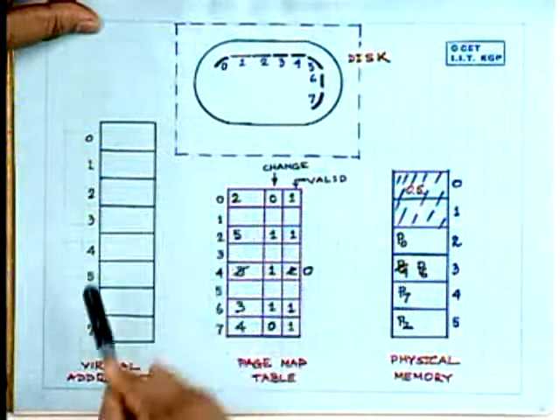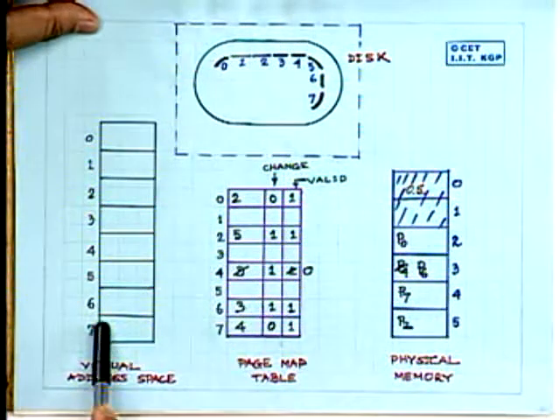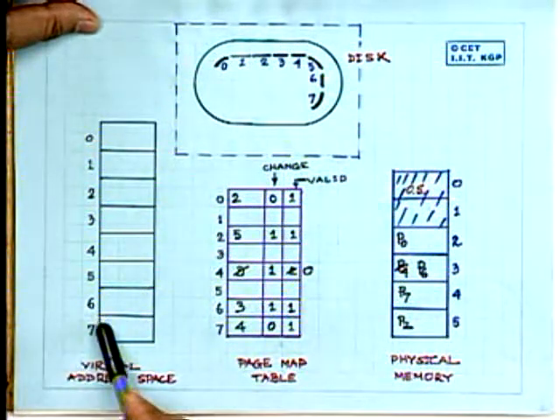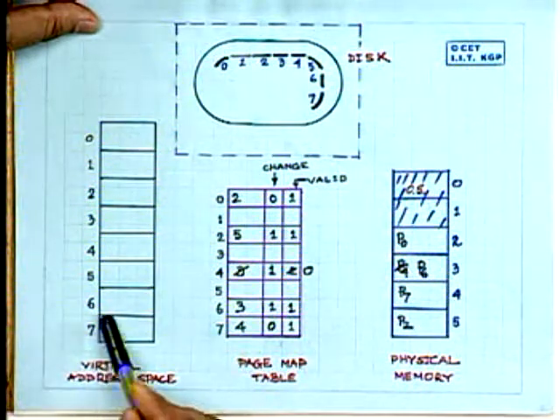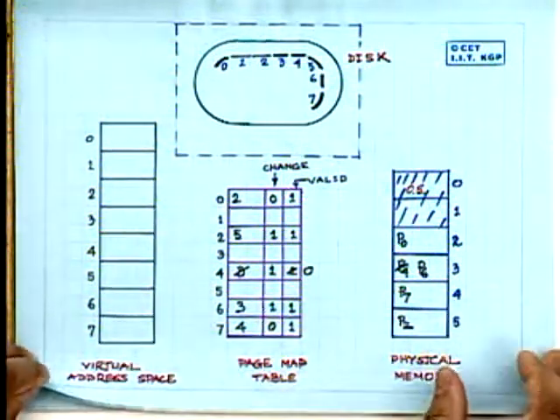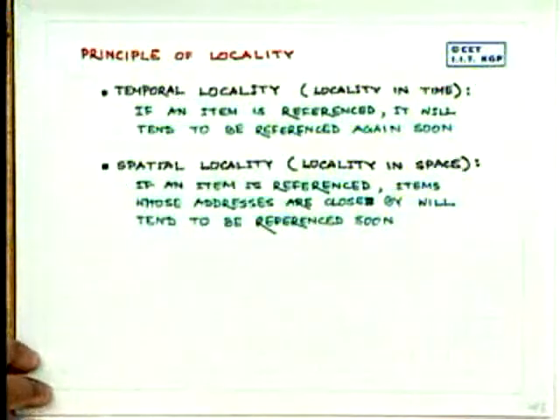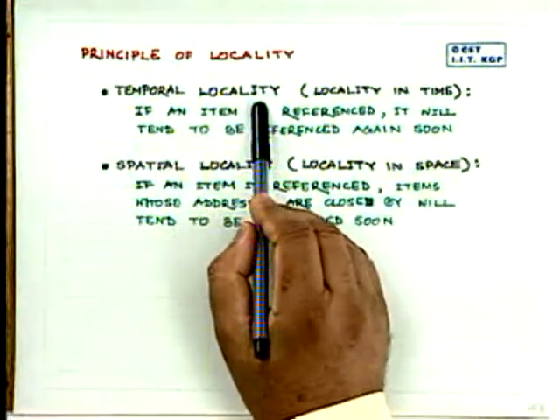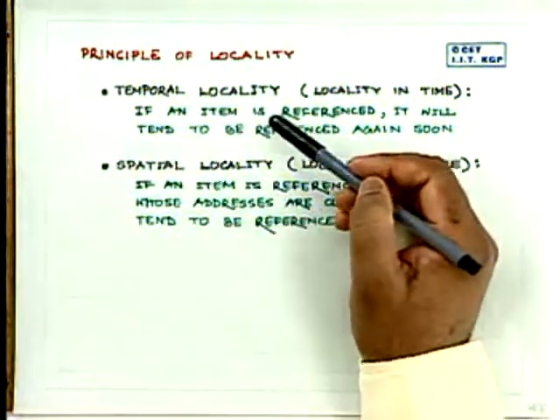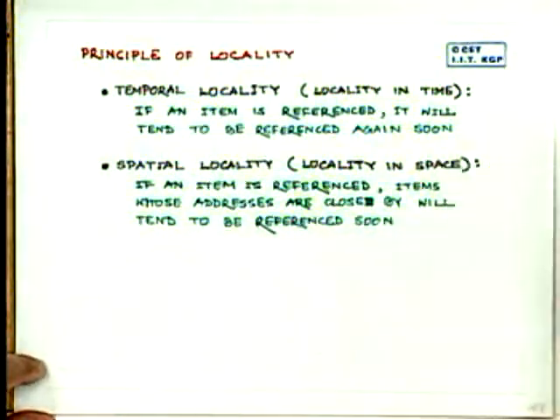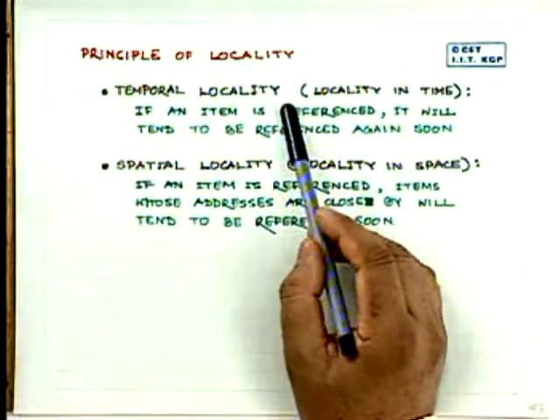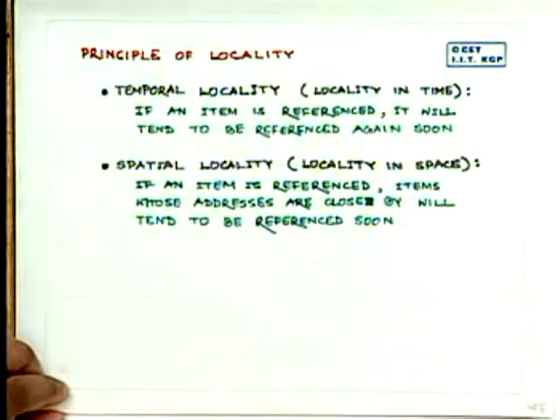For example, if you are accessing data somewhere, you will tend to access data nearby, say arrays, generally accessed sequentially. Therefore, as time progresses, you will confine yourself to the locality near the current reference.